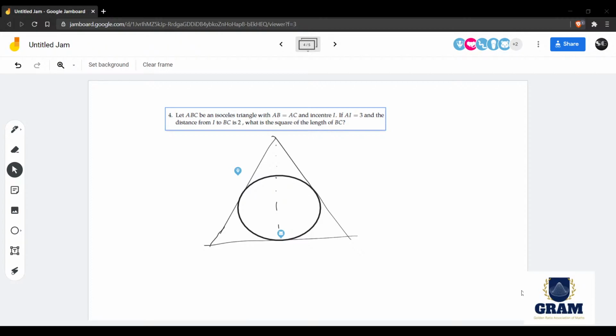Suppose FB equals x. Then apply the Pythagoras theorem to get AD squared plus x squared equals root 5 plus x squared. You can bash out the value of x, then get 2x and square it to get the value of BC. That's all in this problem.